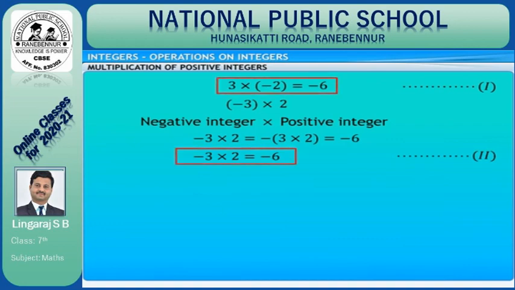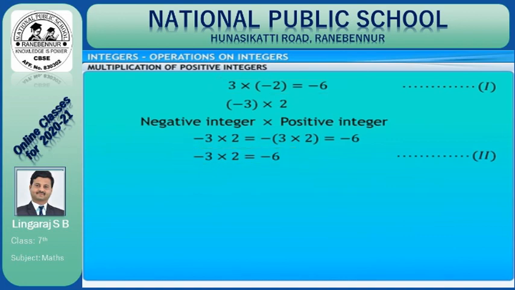So from the two results, you can see that while finding the product of a positive and a negative integer, you multiply them as whole numbers and place a negative sign before the result. So you get a negative integer.